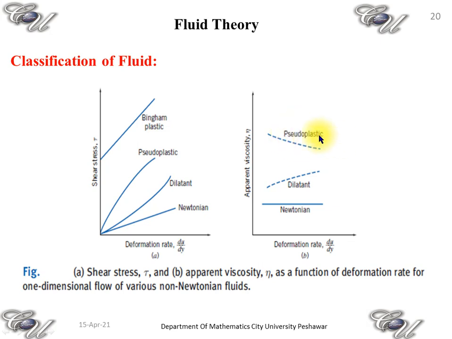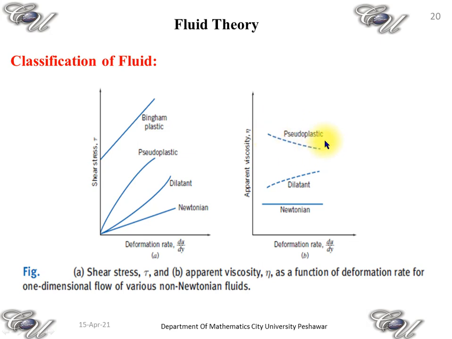Okay, and look at this one. These are the fluids where, when you apply the stresses and deformation is produced, as the deformation increases, the viscosity increases, and it becomes thicker and thicker. The pseudoplastic fluids become thinner and thinner.